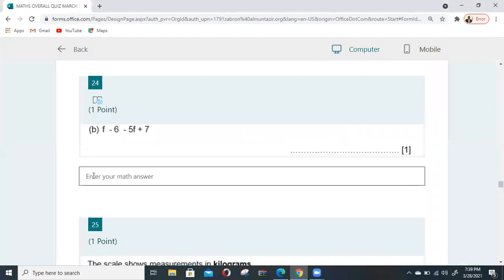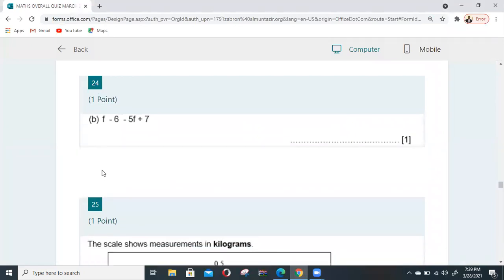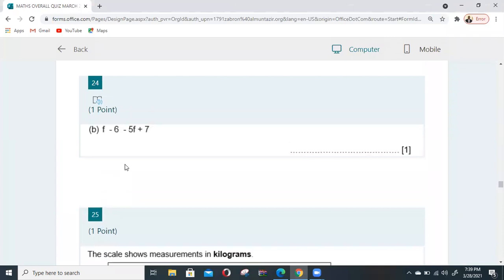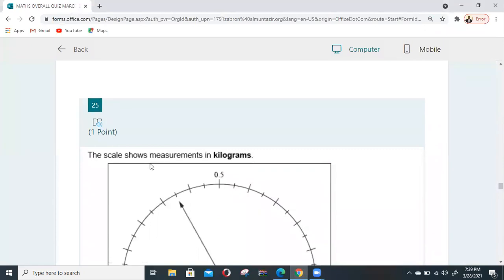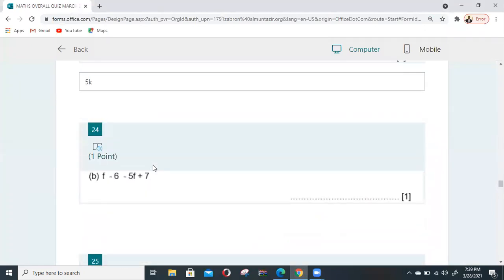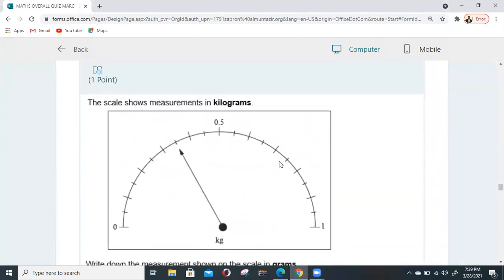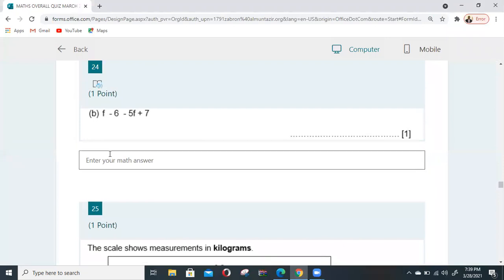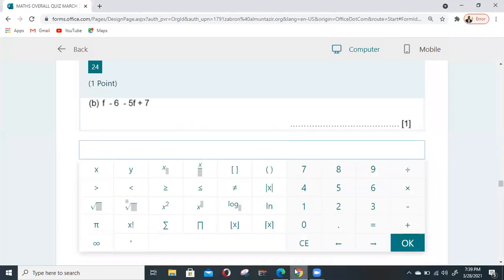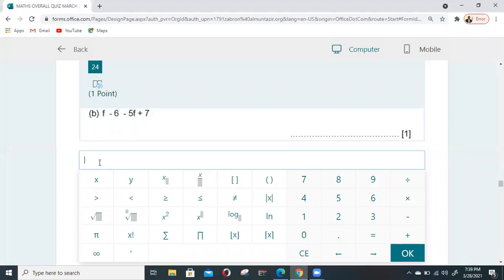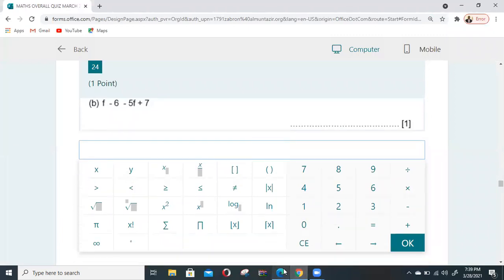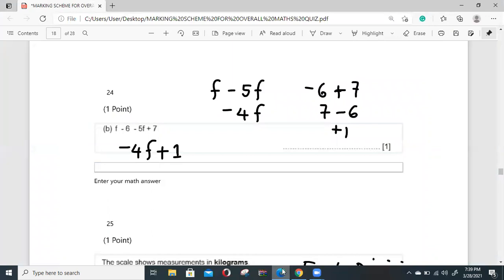So you write your answer here. Type the answer which you got. Okay, so the answer we got is negative 4F.